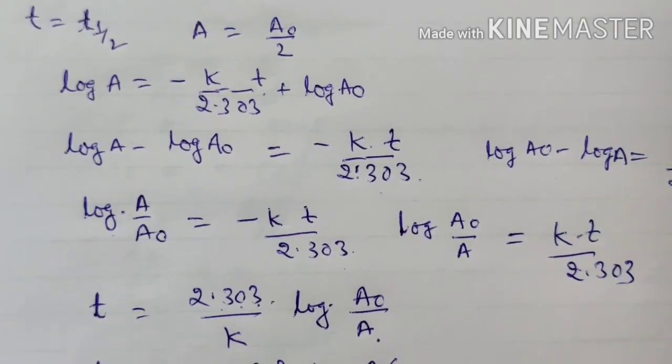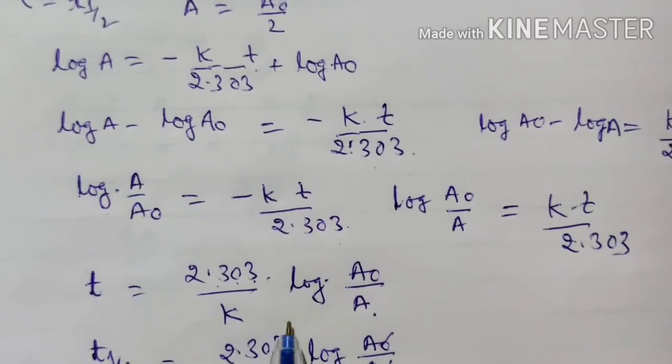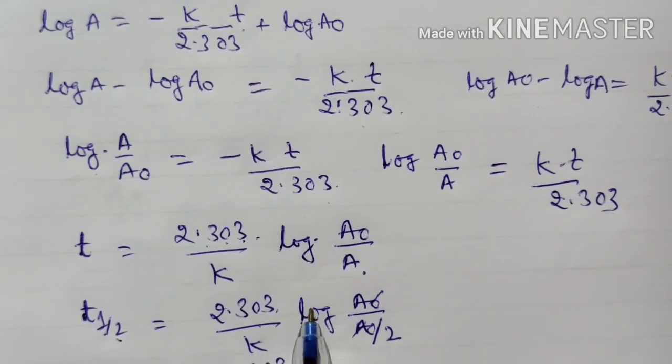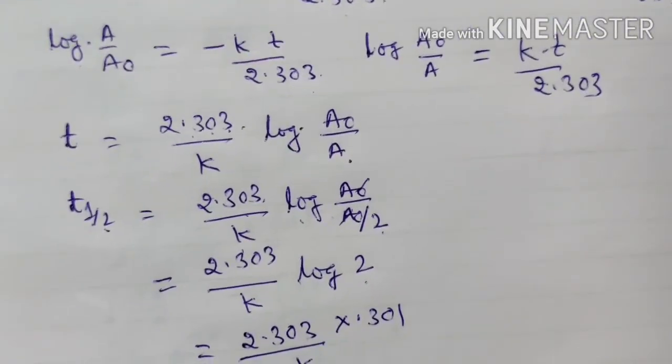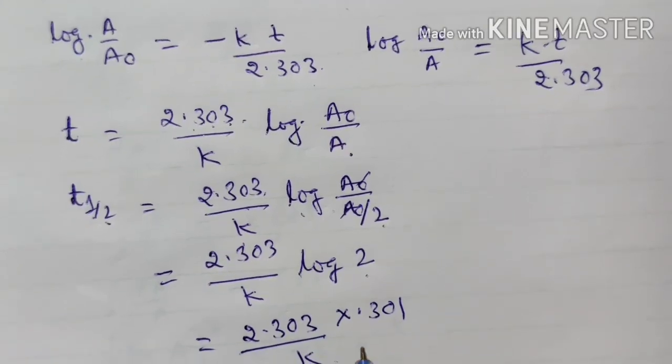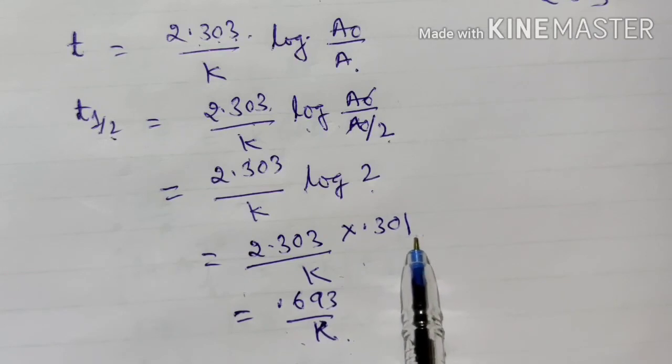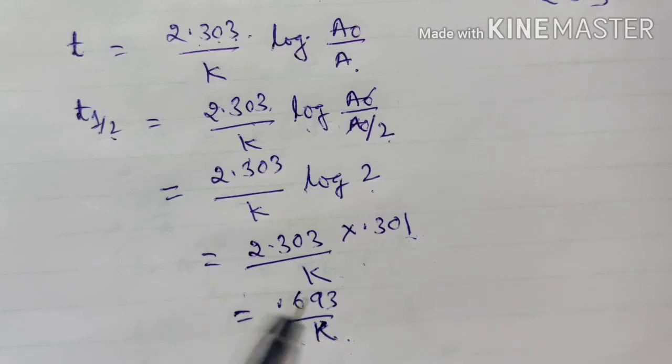Now we can write t is equal to 2.303 upon k log A0 upon A. Then t half is equal to 2.303 upon k log A0 upon A0 upon 2. So the A0 will be cancelled and you will get log 2. Then this is equal to 2.303 upon k into 0.301, that's the value of log 2. Then it is equal to 0.693 upon k.